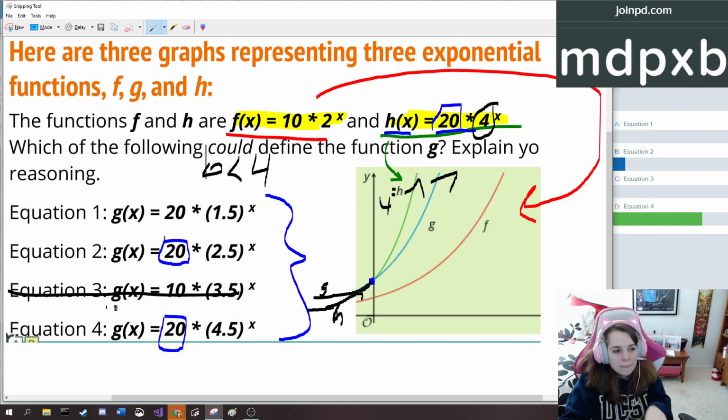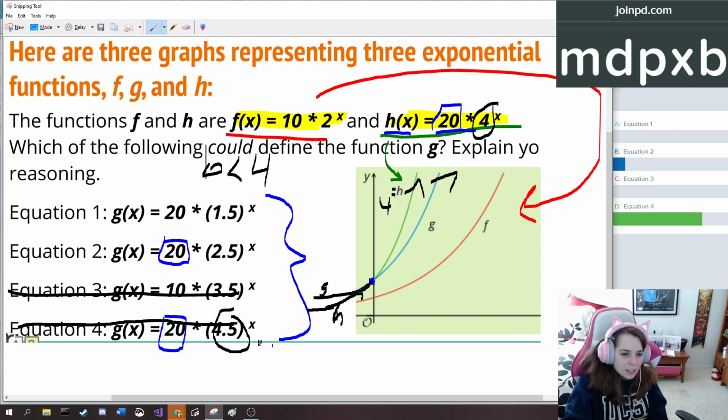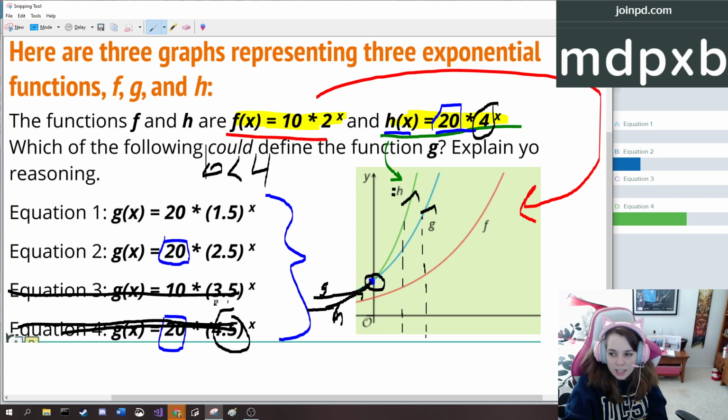So this actually cannot be equation 4, because 4.5 is faster than 4, but g is rising slower. These start at the same place. However, h is going a lot faster than g is. It's rising quicker. It gets to this point before g does. So it can't be equation 4.